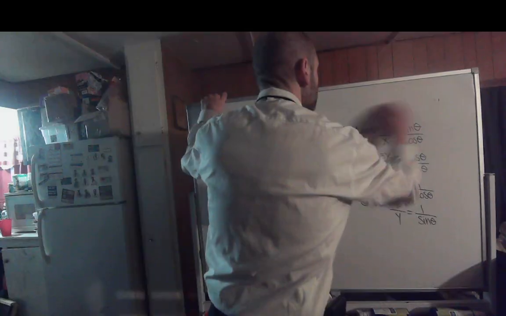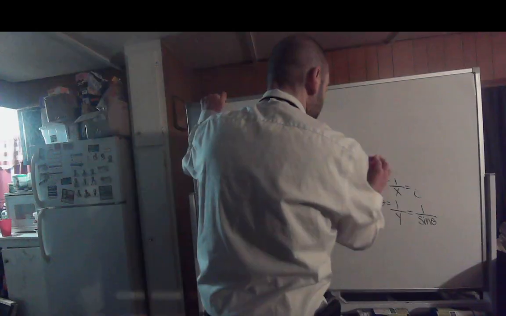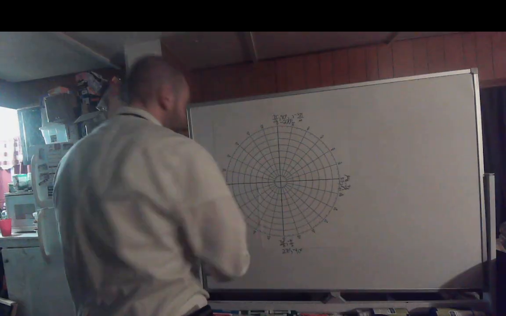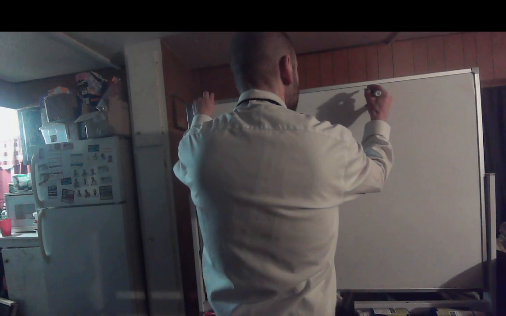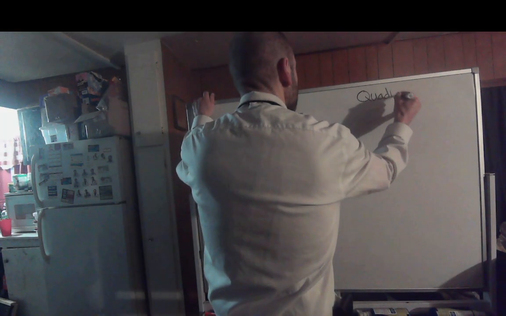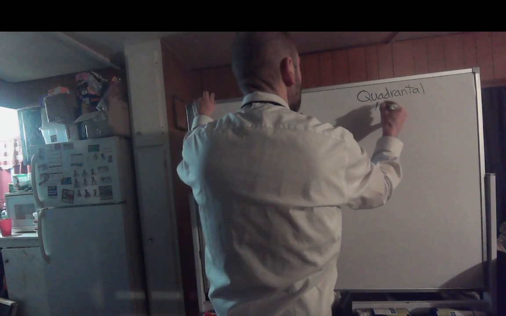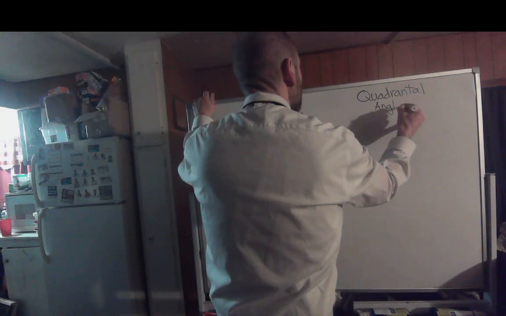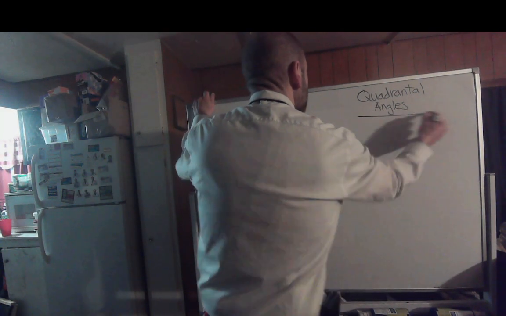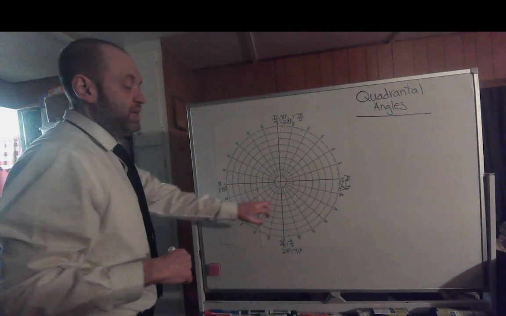Now, we're going to start off first with what are called quadrantal angles. And you're probably wondering, what the heck are quadrantal angles? Well, let's get into those. Quadrantal angles lie along the axes.